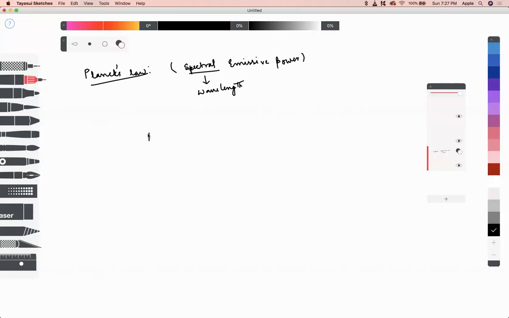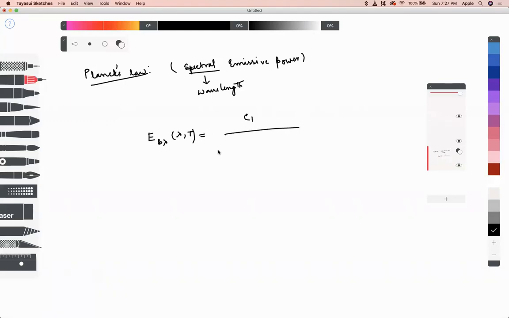Planck gave an expression. Here b means black body, and when you write lambda, that means it's with respect to a particular wavelength. So it's a function of lambda and T, whereas the expression given by the Stefan-Boltzmann law is only a function of T, not a function of lambda.